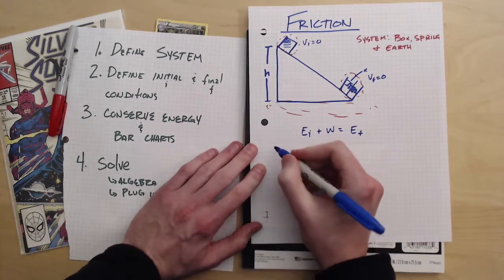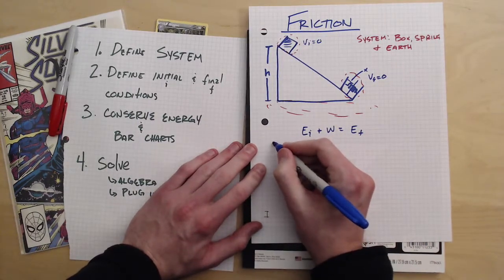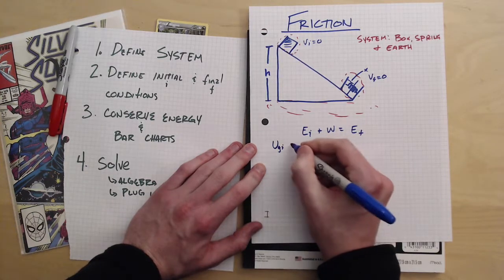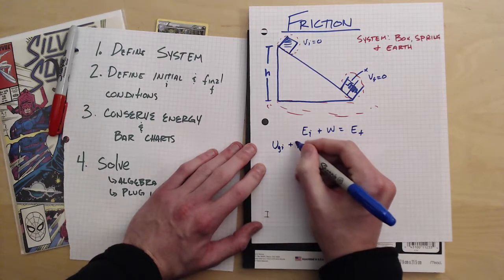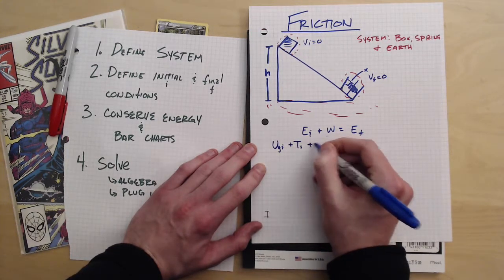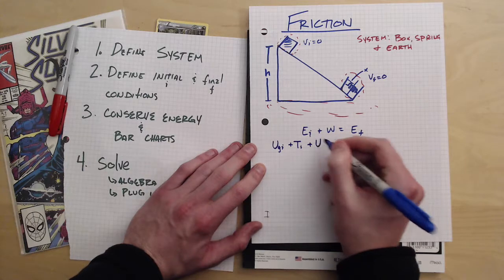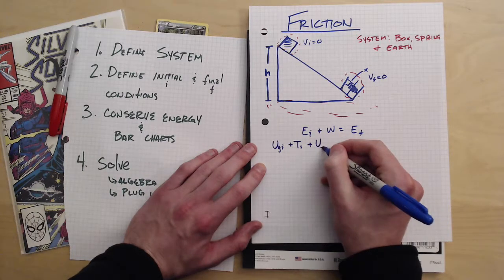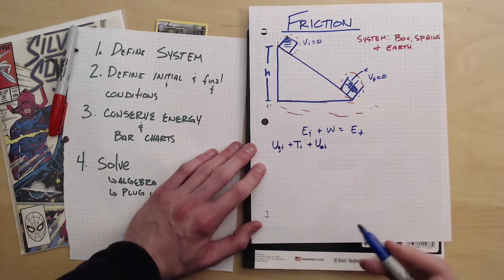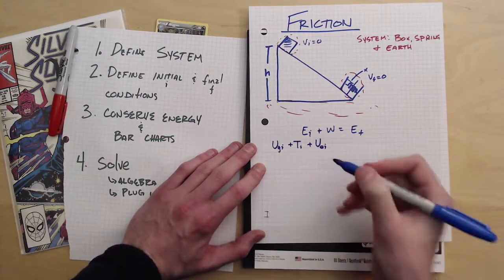Well, we'll just start at the beginning. We know that there's gravitational potential energy initially. We know that there is some sort of kinetic energy initially. We know that there's some sort of elastic potential energy initially, or there could be at least, if we're looking at the most broad sense.